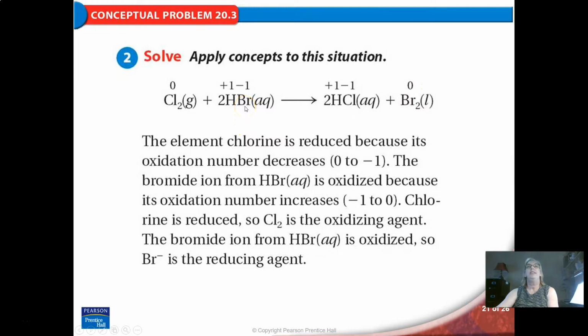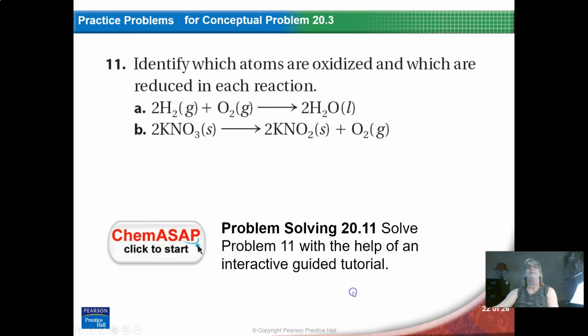Bromine's in group 7, so it's a -1, and hydrogen likes to be a +1. Here, chlorine's combined with somebody, so he's group 7, he likes to be -1 in a combination, and H is always +1. So chlorine went from 0 to -1, bromine went from -1 to 0, so chlorine became more negative, so it's reduced. And the other one is oxidized.